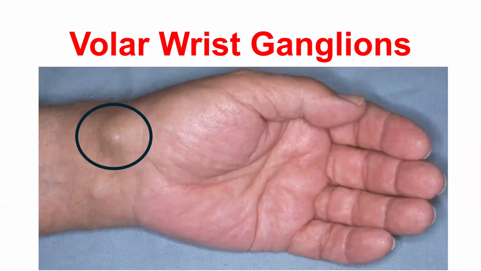What else do we have in the wrist that can cause wrist pain? In the radial aspect, we mentioned intersection syndrome. We mentioned de Quervain tenosynovitis, but we should not forget about volar wrist ganglions.